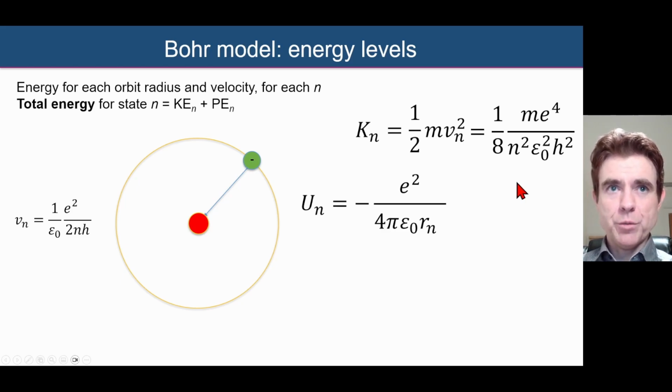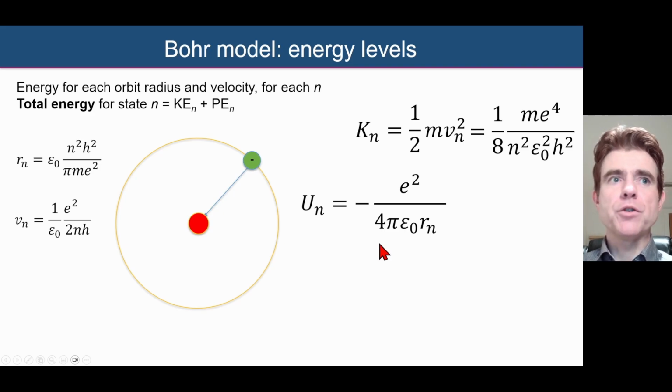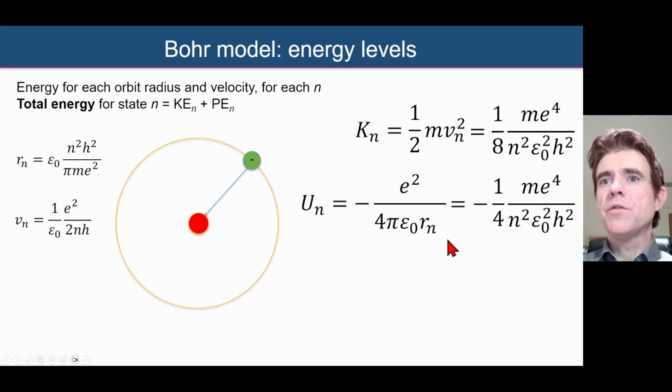Also, we can look at the potential energy. That's related to the charge of the electron and the charge of the proton, and therefore we get minus e times e divided by 4 pi epsilon naught Rn, where Rn is the discrete, permitted radius. If we plug in the values for the radius, as we have found before, then we get this expression on the right-hand side.